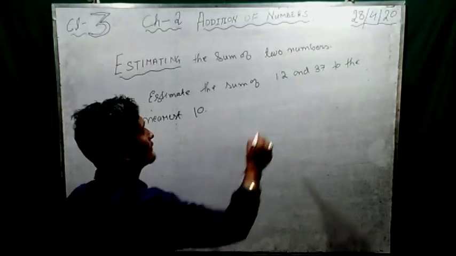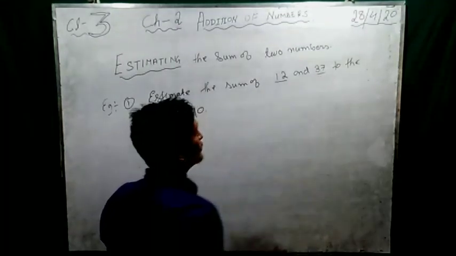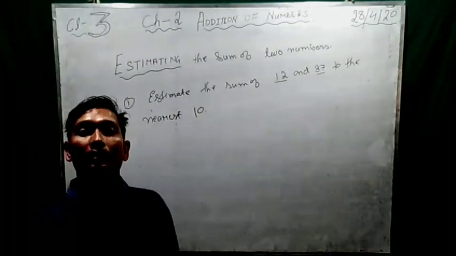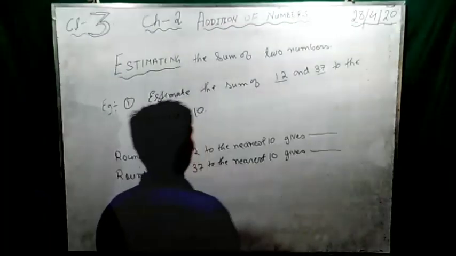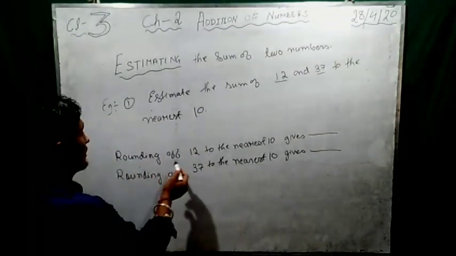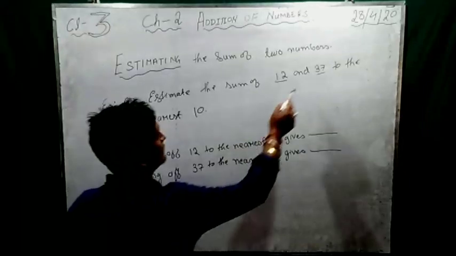First of all, we have to round off 12 and 37 to the nearest 10.